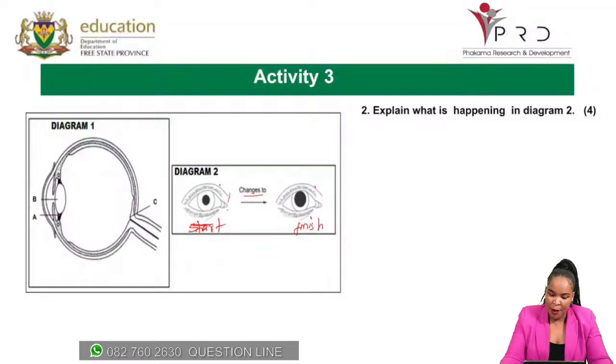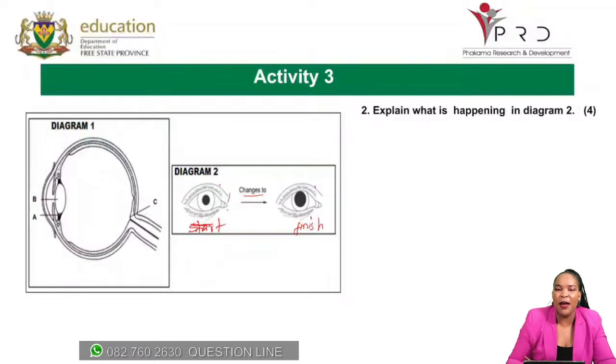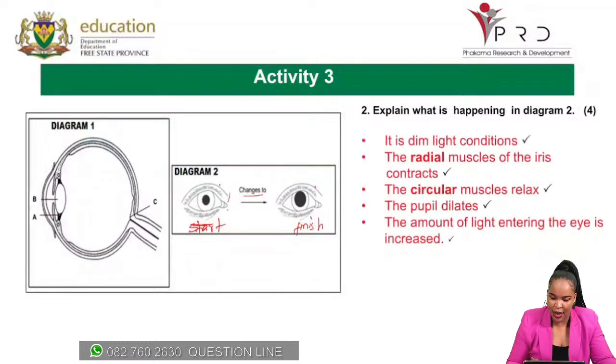Okay, right. Number 2 says, explain what is happening in diagram 2. Your mind must be telling you something that we've spoken about: what happens when you enter a dark room. If your answer is somewhere close to that, then you are winning. Let's see what happens around your eyes.